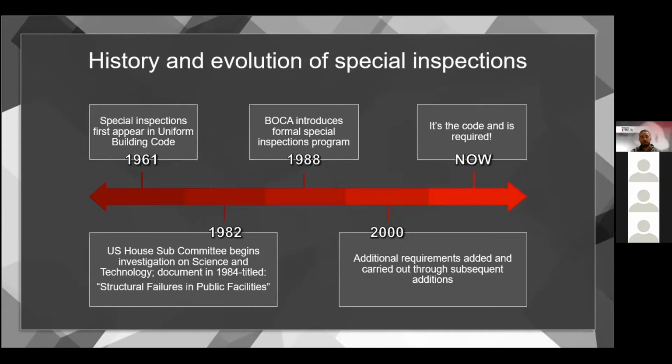From there, it sort of inspired BOCA, Building Officials Code Administrators, to start a formal special inspections program. And then in 2000, right around the time of the IBC coming about, additional requirements were added and they were carried out through subsequent editions, and now it's the code. And it's really required on all commercial construction projects.